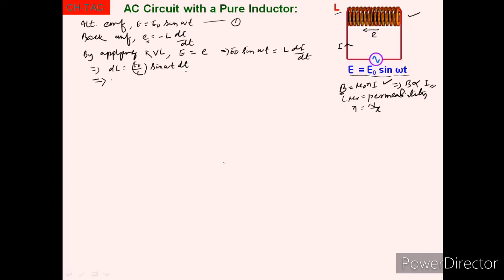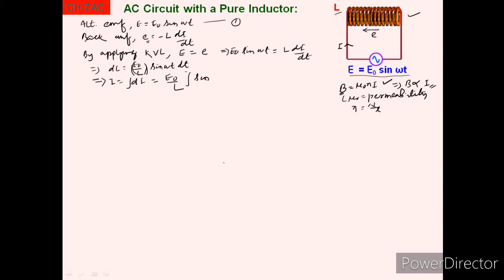Now to get the current at any moment, we integrate this small electric current di. E naught by L is constant, so let's take this one outside. Then we integrate sin omega t.